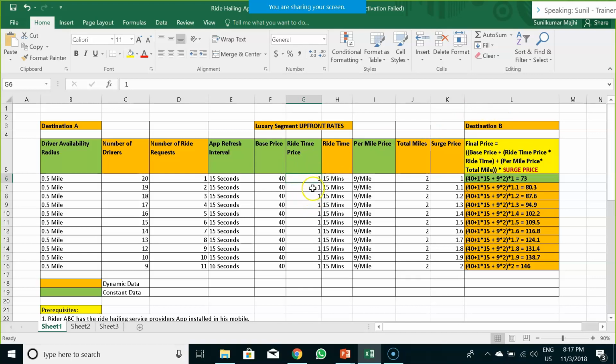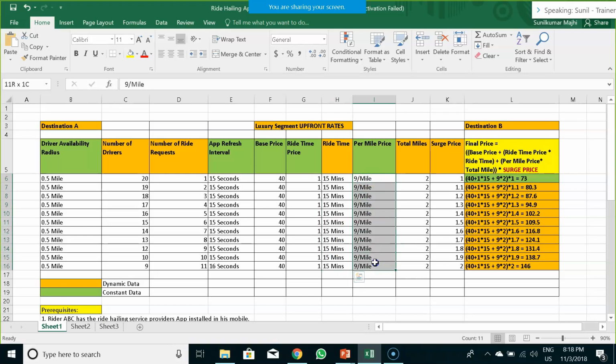So $1 per minute, sorry, not per mile, that would be the ride time charges. Then there would be the ride time. Now, ride time is the estimated duration between destination A and destination B that the app gives to us. From destination A to destination B, it would take you approximately 15 minutes. So that is your ride time.